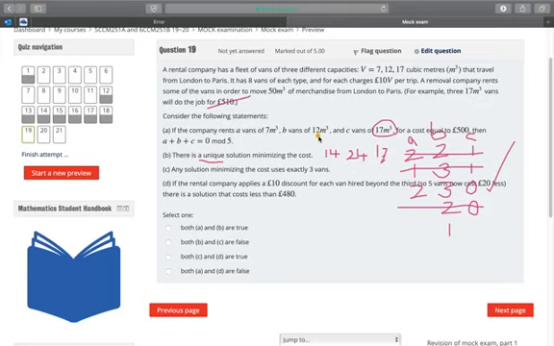That leaves 38. How can I get 38? I could get maybe 3. 3 sevens are 21. That would leave 17. I'm not sure why I missed that out. I didn't do this systematically. Okay, this would appear to be a solution.